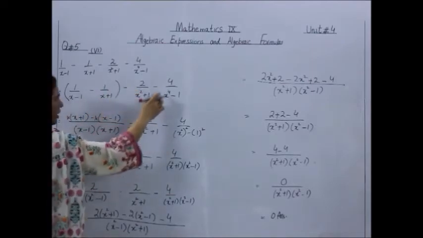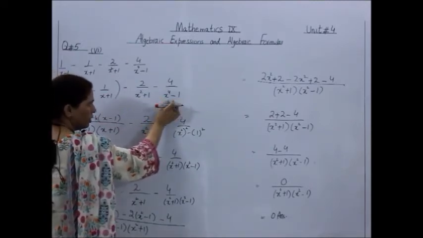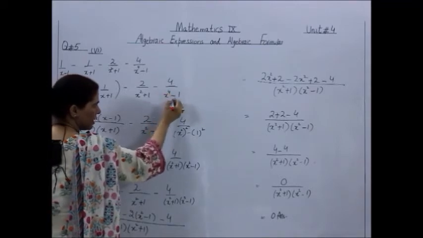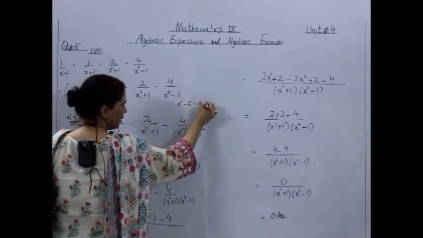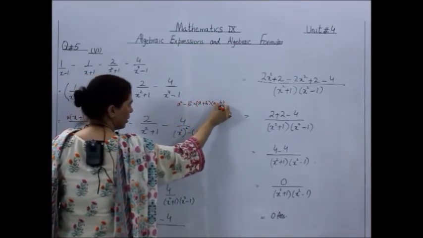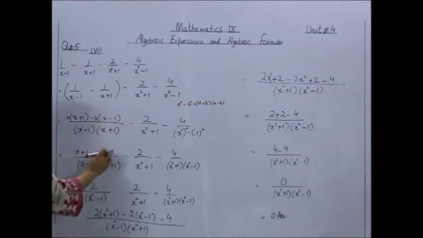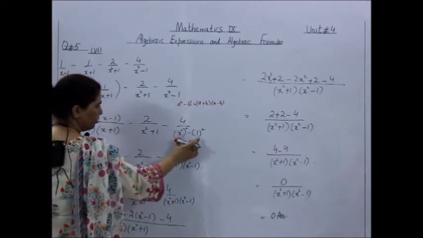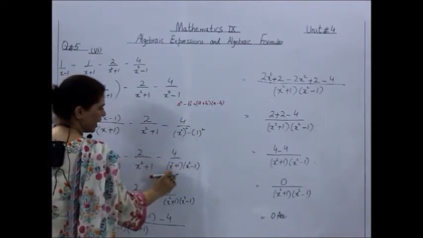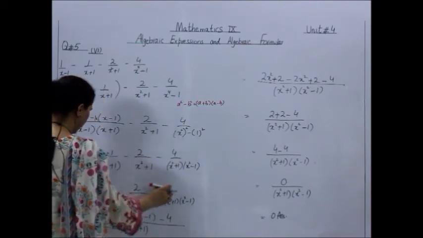Okay, this will become as it is, but if you see this, we can apply the formula a square minus b square equals a plus b, a minus b. 1 multiplied by x means x plus 1 minus x plus 1, which is 2, same as it is, and we put the formula: x square minus 1.